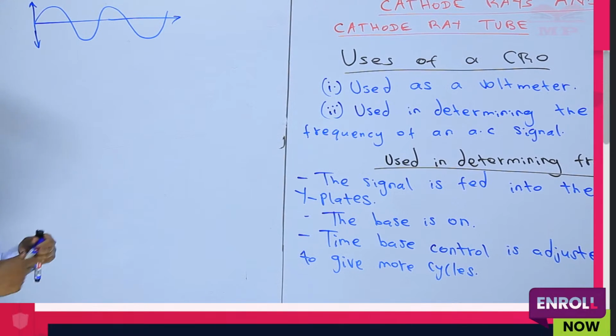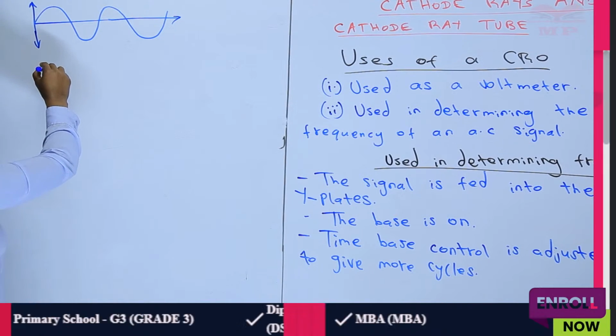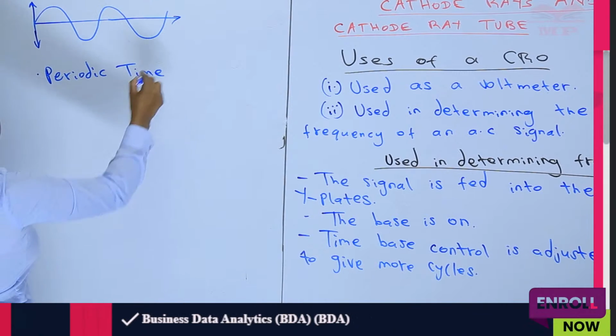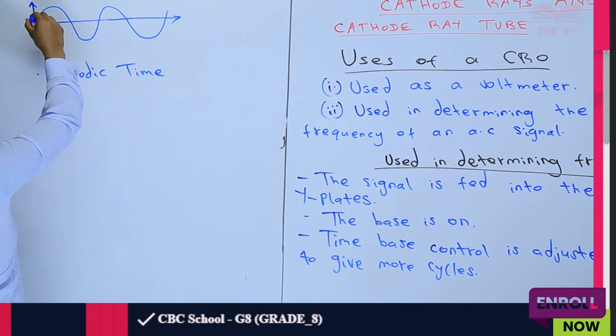The periodic time is the time taken to complete one cycle.